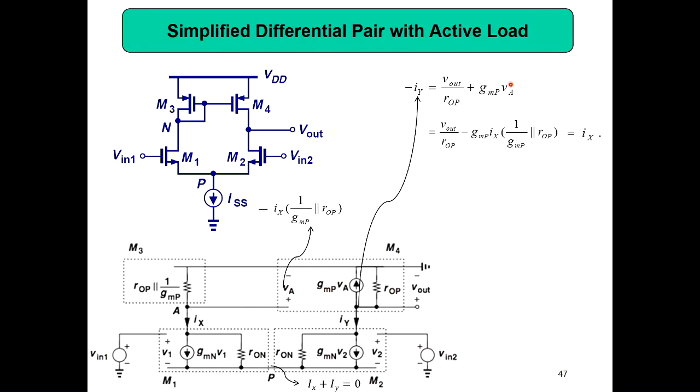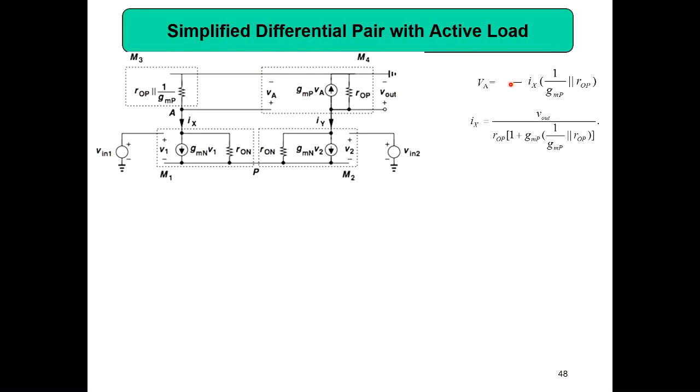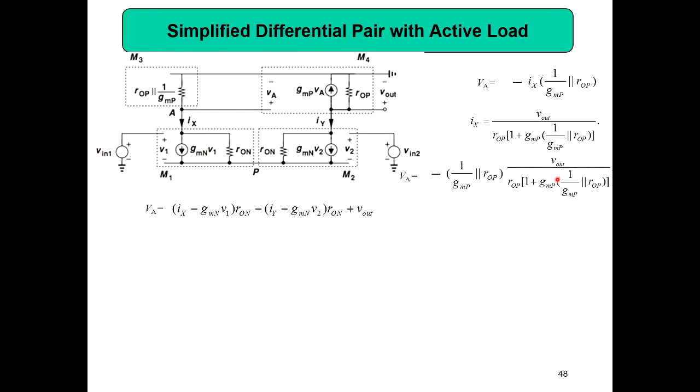When you substitute, you can get this, and then you can rearrange and find Ix. Once you have Ix, we can find Va, because when you measure Va, it equals Ix into this resistance. So this resistance times the value of Ix, and then we can find Va.